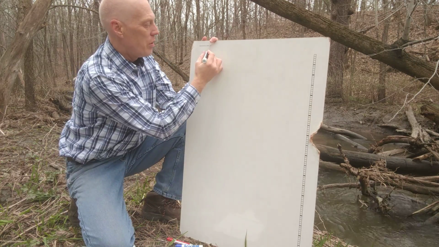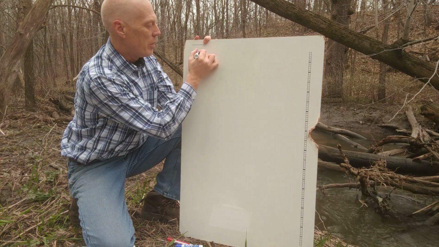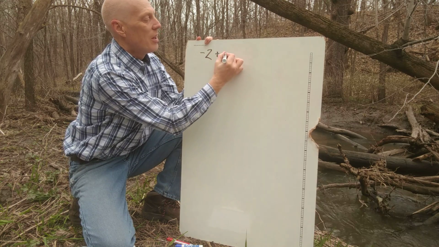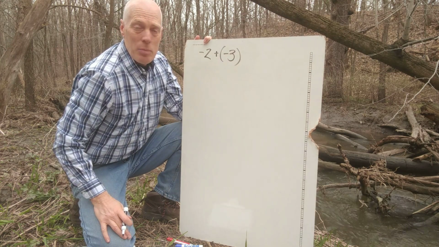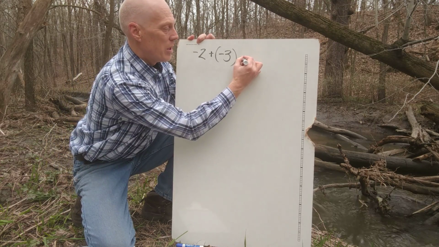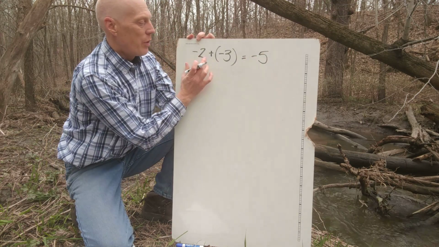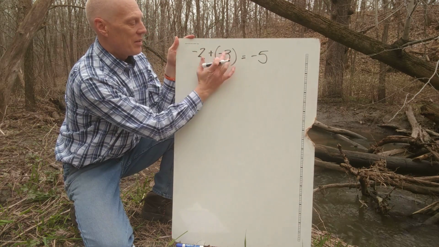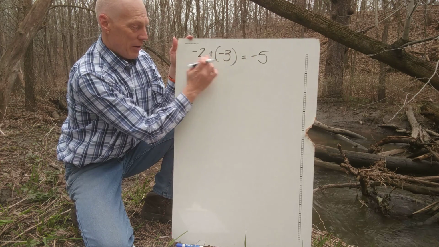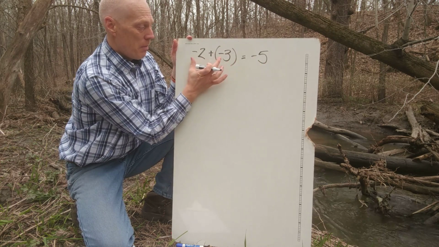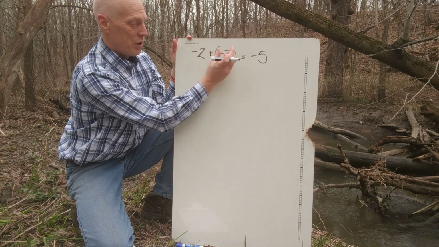If we were doing this with negative numbers like we saw last week, a -2 plus a -3, and sometimes they put parentheses around those, this would equal -5. With absolute values, you take the signs they're using, negative and negative, so the answer will be negative. Add the absolute values of 2 and 3, which is 5.